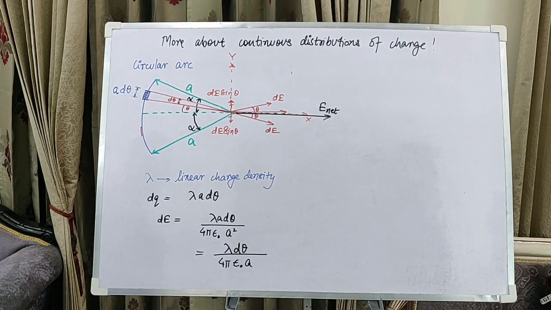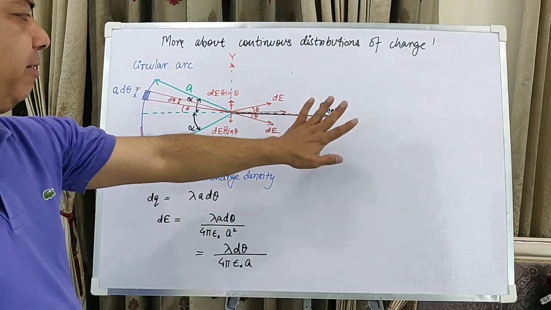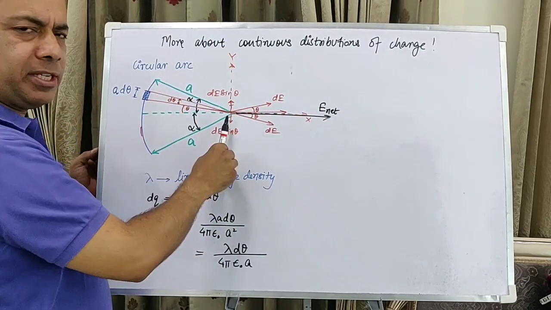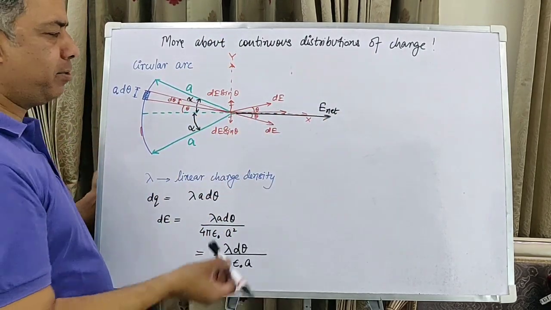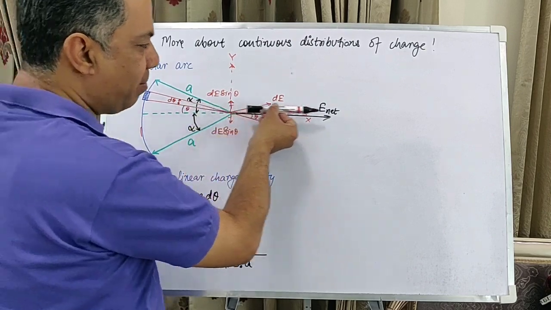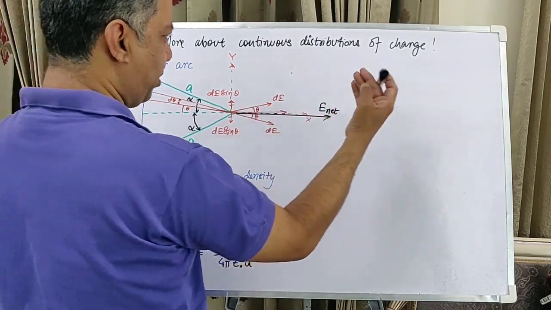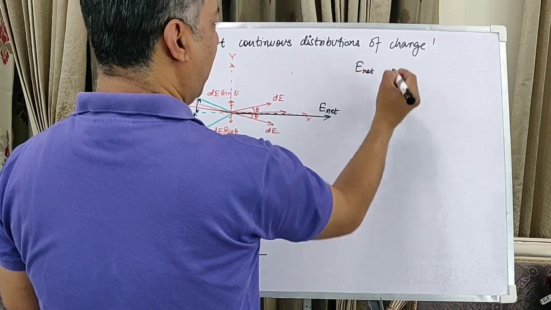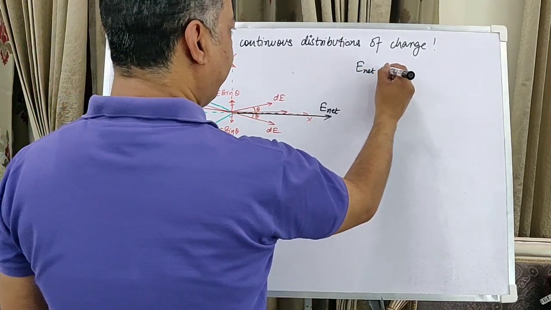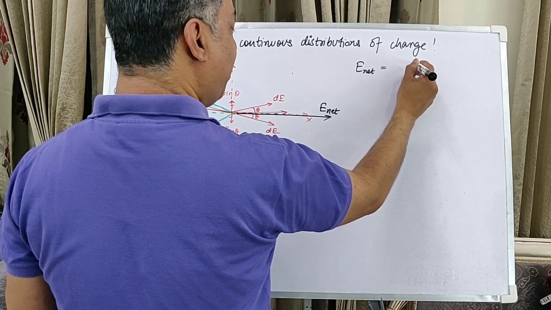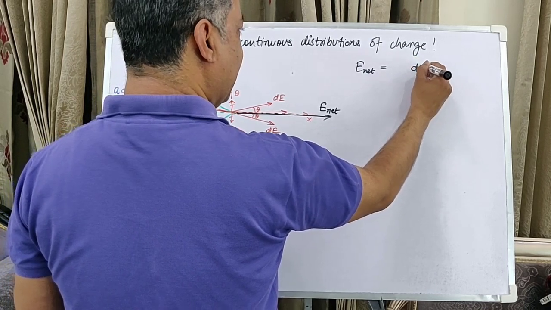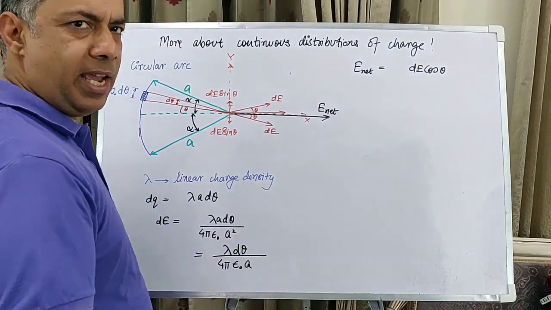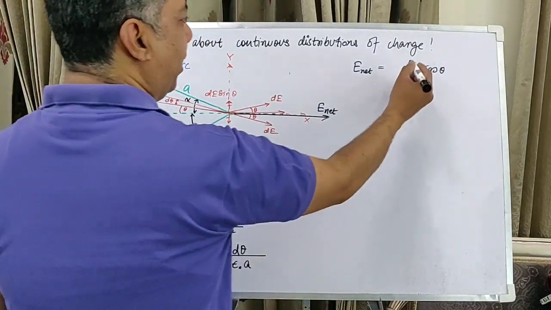So this E net, the net electric field, has to be in the x direction because all the y components are cancelled out. There are no z components. There are only x components, which are all in the same direction. So E net will be a summation of dE cos theta. We just have to add up the x components and we get the resultant field.